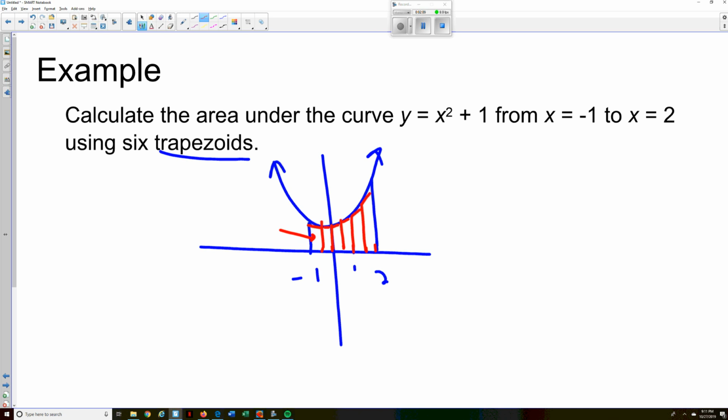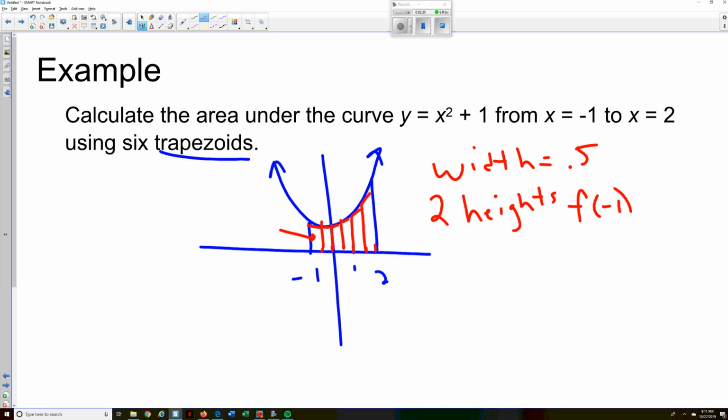Its width, and the width of all of them, is 0.5, and it has 2 heights, which we call the bases, and those are f of -1 and f of 0.5. If we calculate those two, f of -1 is 2, and f of 0.5 is 1.25.